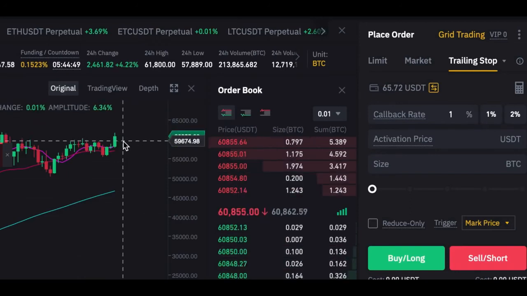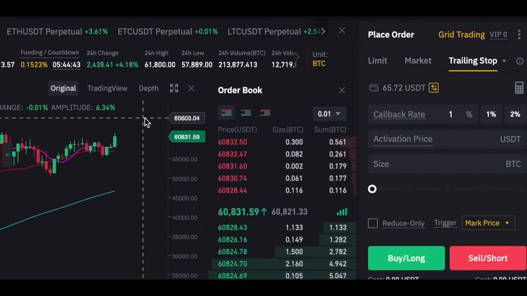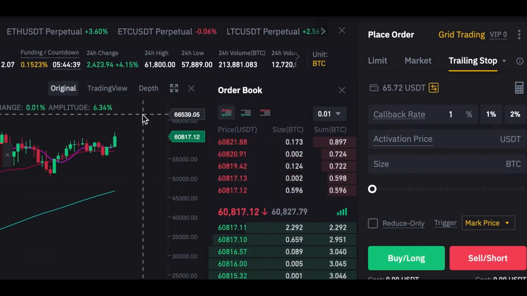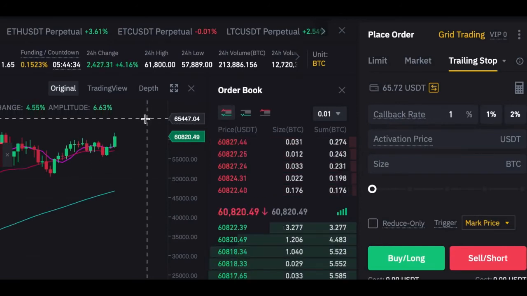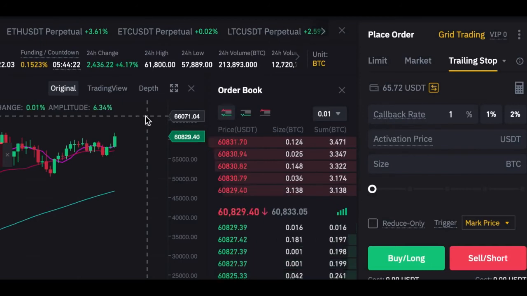So if you're long at 60 and the price moves up to 65, you will not be stopped out, you will not be sold out of your position as long as it goes straight up there. As soon as the position starts falling and from 65 comes down 1%, because the trailing stop never moves down, only moves up, you will be sold out of your position straight away when that 1% pullback occurs.